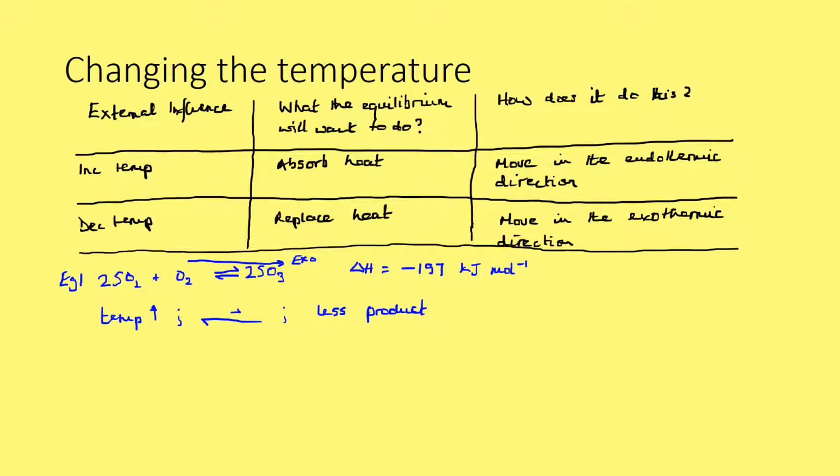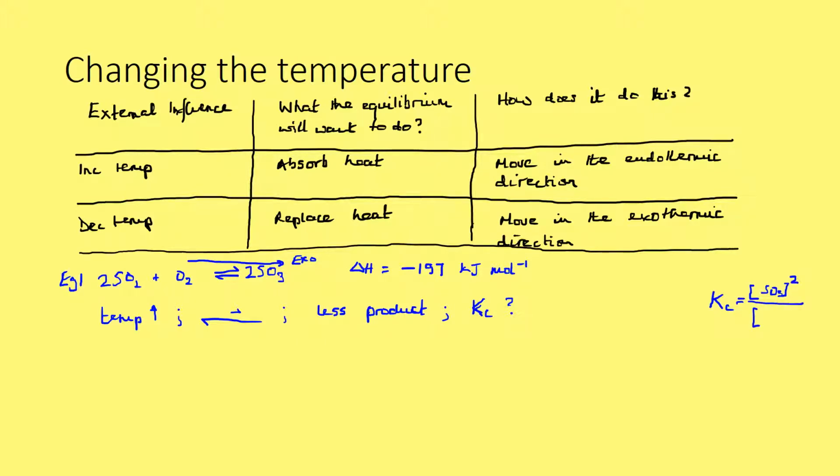And if there is less product, then what effect will that have on Kc, on the equilibrium constant? Let's consider that for a second. So first of all, we might want to write down what Kc is in this case. Kc is going to be the concentration of the product, sulfur trioxide. And from the balanced equation, you see that there are 2 moles of sulfur trioxide.